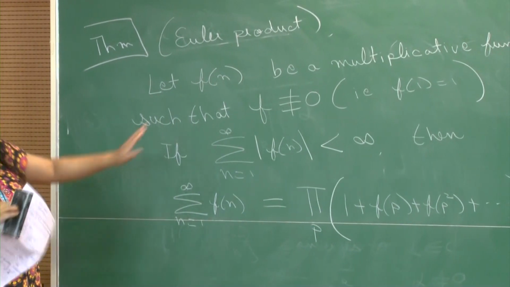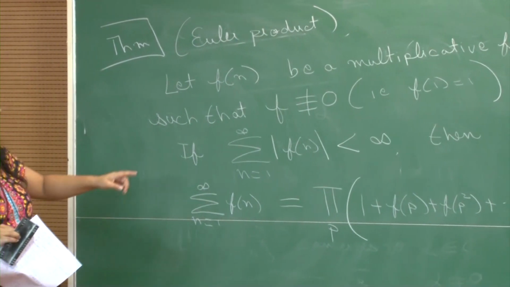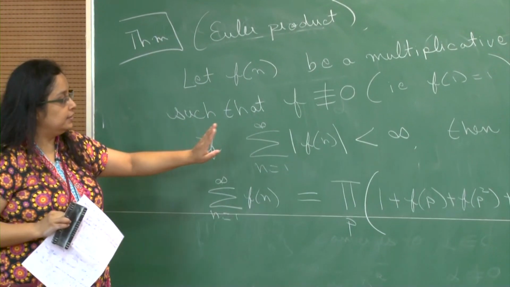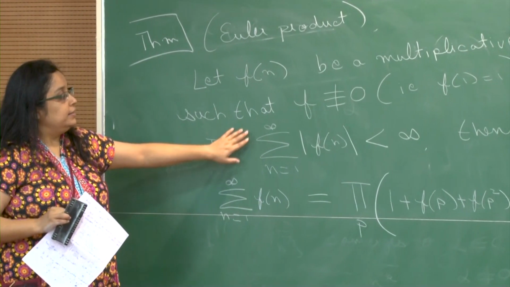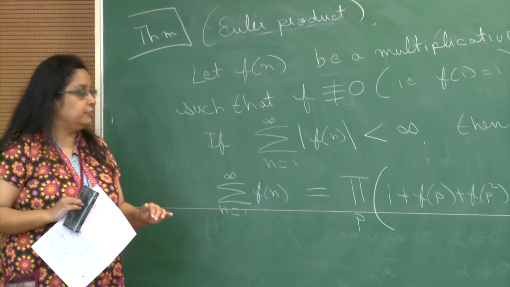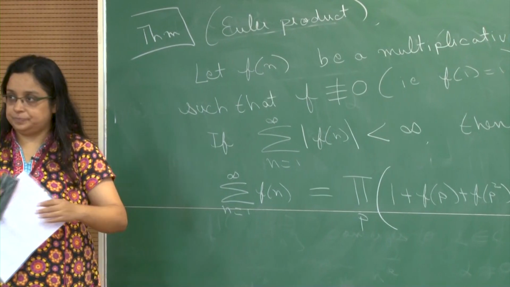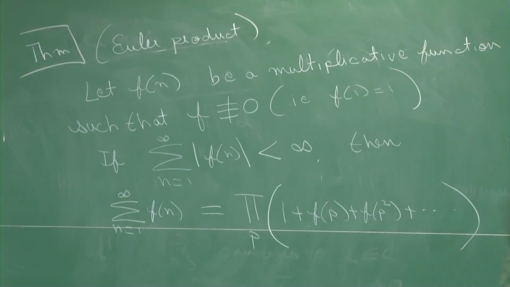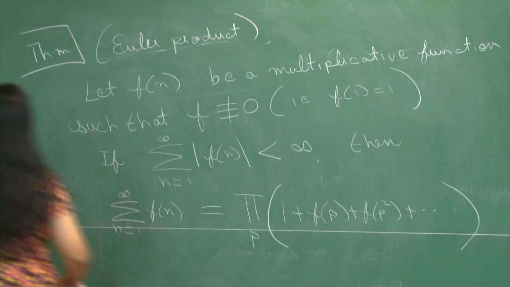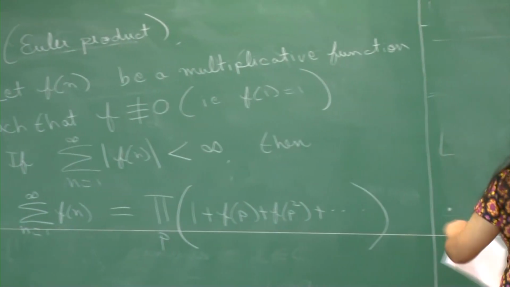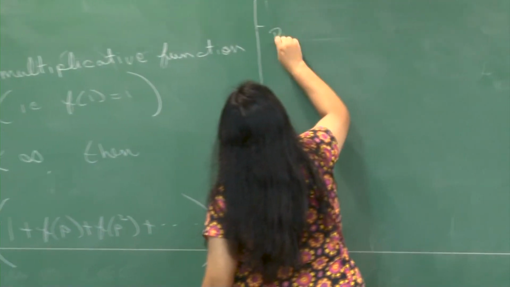What this theorem is telling you is that to check the convergence of the infinite product, the condition that your f of n's form an absolutely convergent series is sufficient. So, first we want to prove the absolute convergence of this product, which in turn would imply the convergence. So, here is the proof.